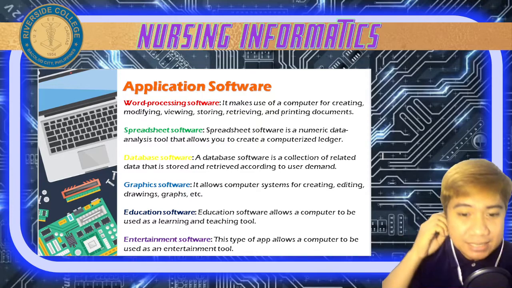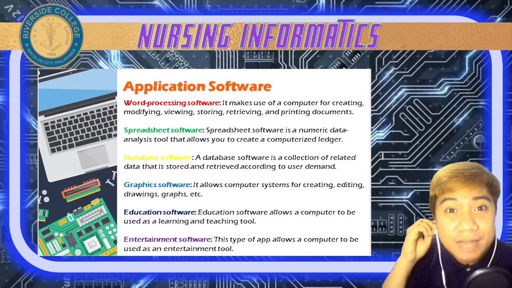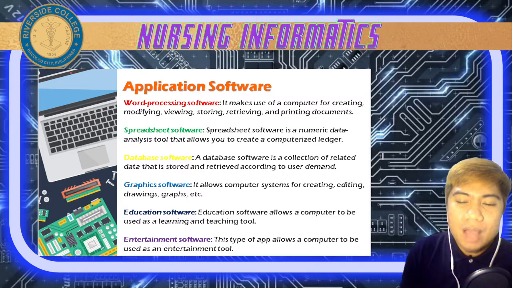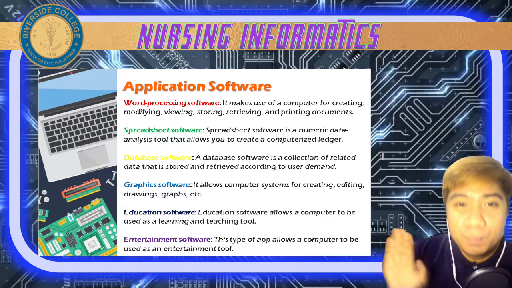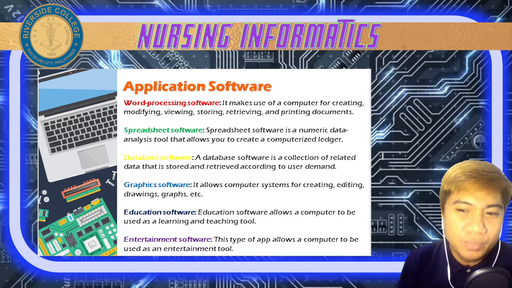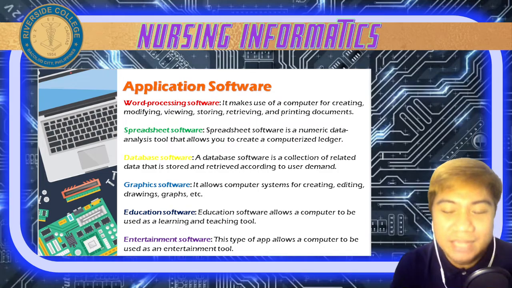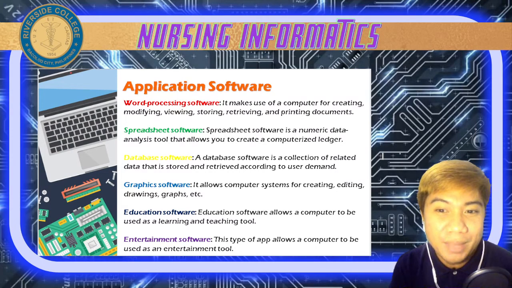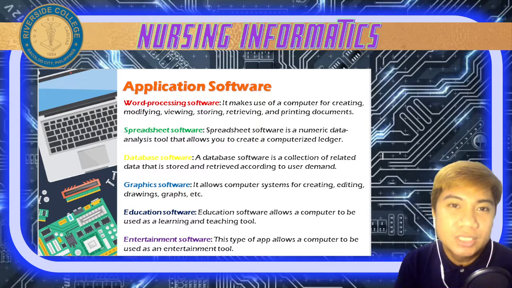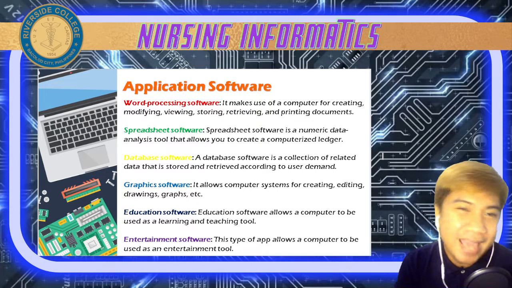So your apps have different types of application software. Number one, we have your word processing software. Of course, this is used for creating, modifying, viewing, storing, retrieving, and printing documents, like your Microsoft Word, di ba? Next, we have your spreadsheet software wherein we can read your Excel files.